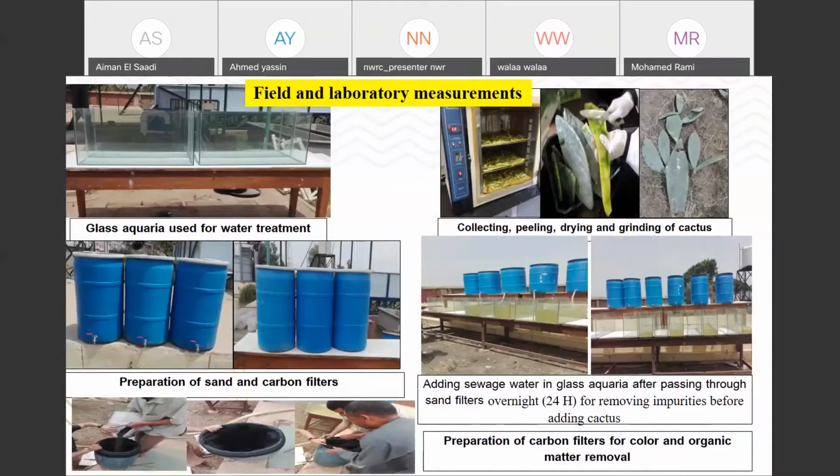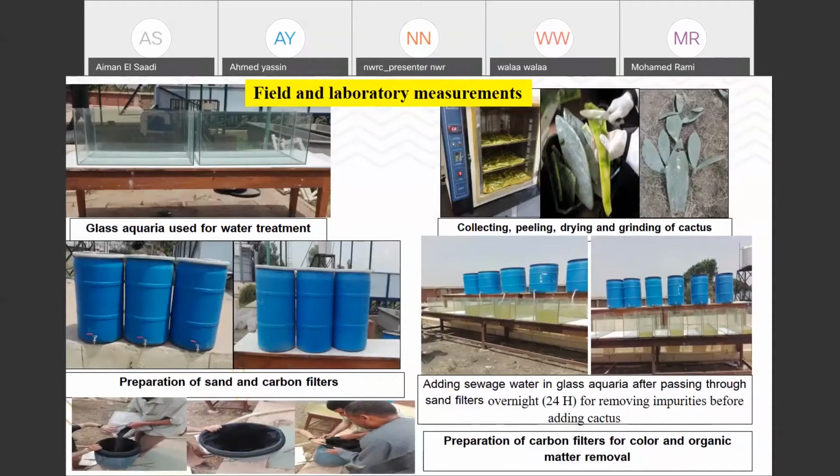As we show in the field and laboratory measurements, we used 9 glass aquaria for water treatment as a small experiment: collecting, peeling, drying and grinding the cactus, and preparing sand and carbon filters.